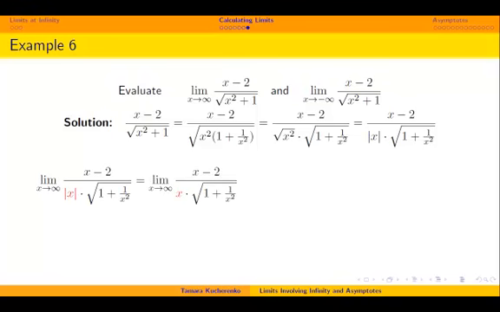For positive x, the absolute value of x equals x. Now we divide top and bottom by x and simplify. We get 1 minus 2 over x divided by square root of 1 plus 1 over x squared.